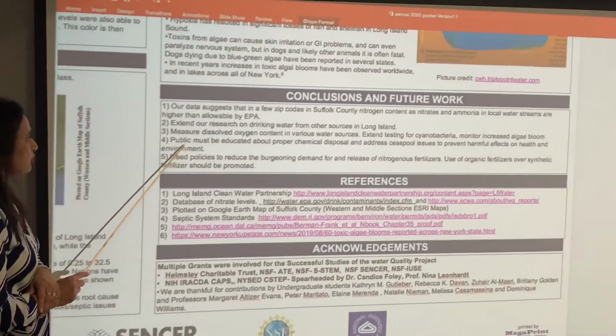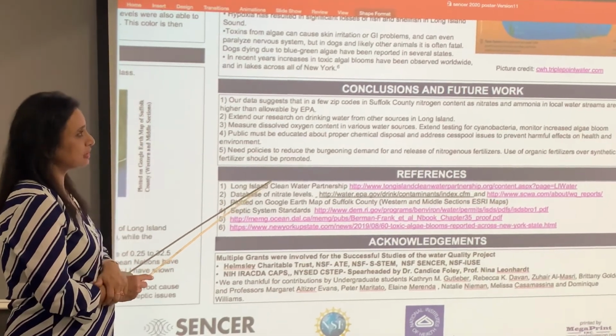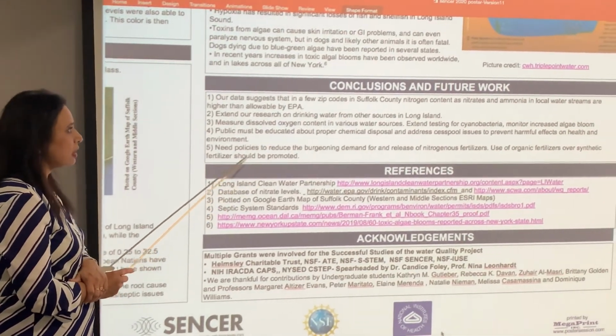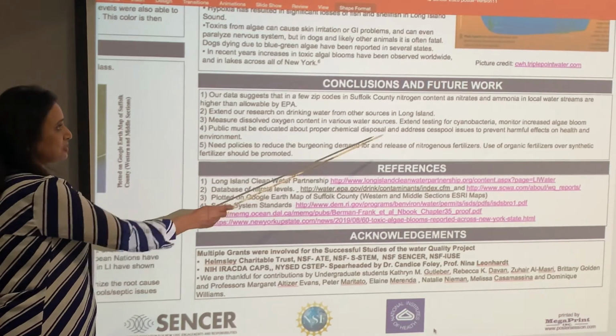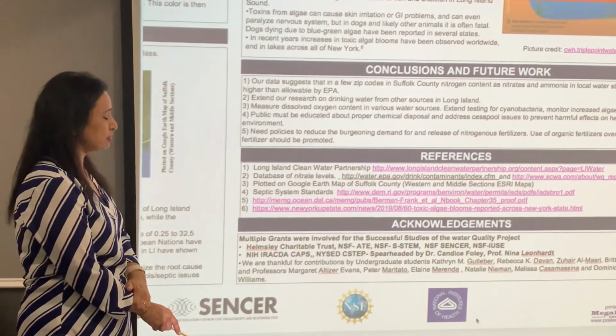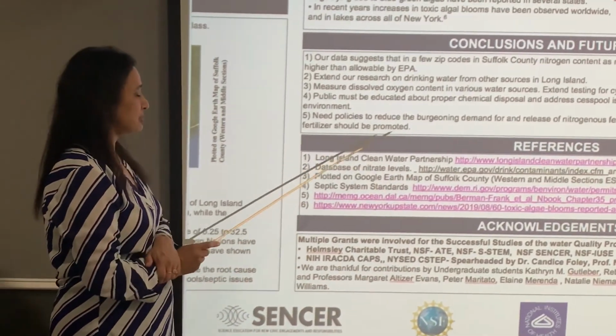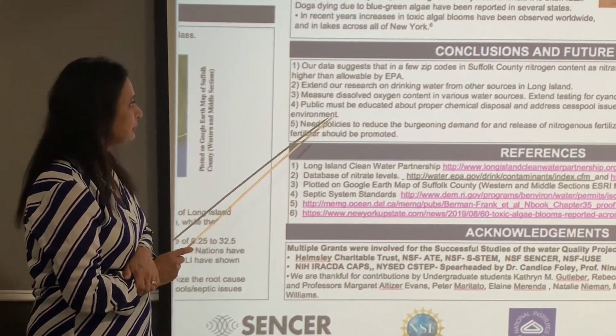We want to measure the dissolved oxygen content, as we saw that it affects the oxygen cycle, and also extend testing for cyanobacteria, which is caused by the algae bloom and has a serious and fatal effect on marine life.